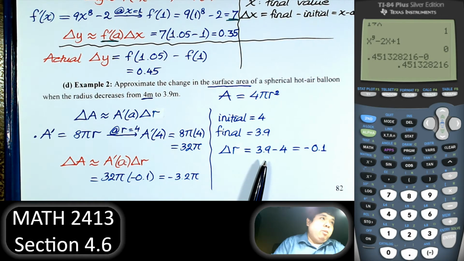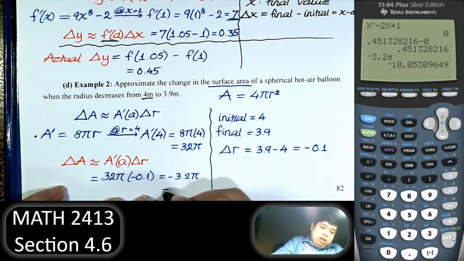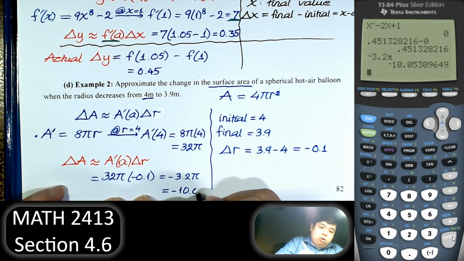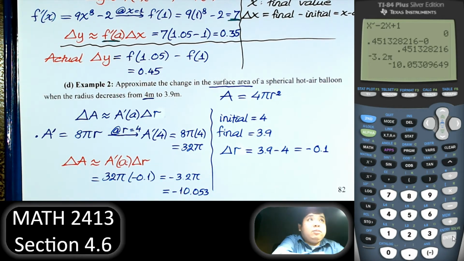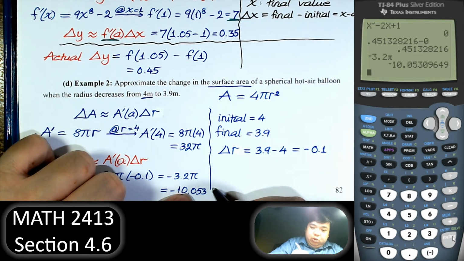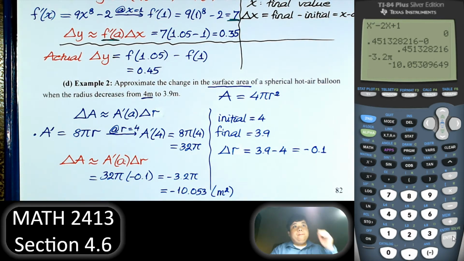In the spirit of approximation, we'll get the value for that. Negative 3.2 pi is negative 10.053. And the unit for the change in area is meter square in this case.